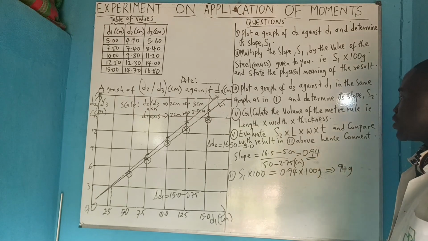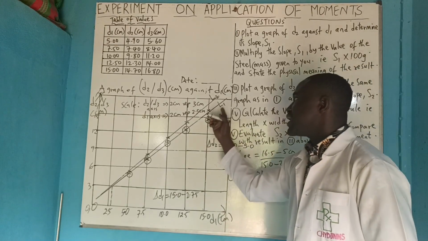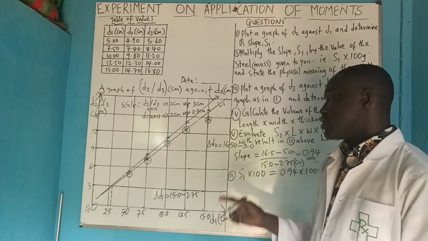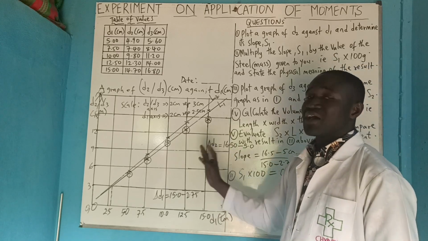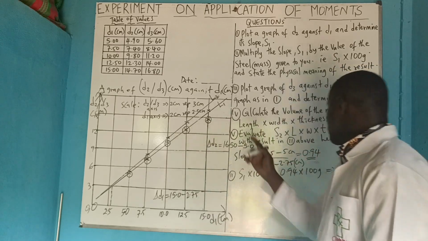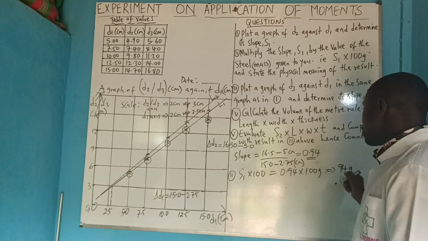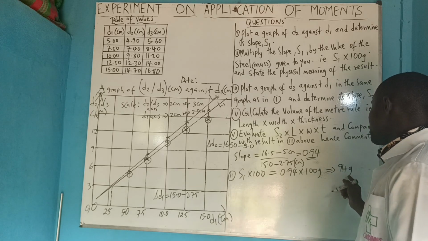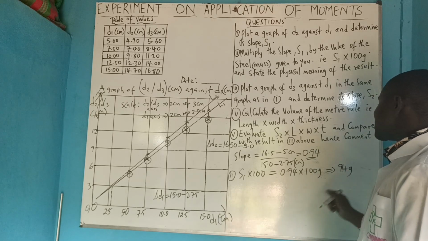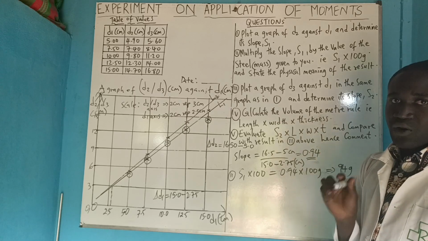Remember, all we plotted here is just a sketch. Use your normal graph sheet and do the plotting so that you'll be able to note this. We will call this the mass of the meter rule.